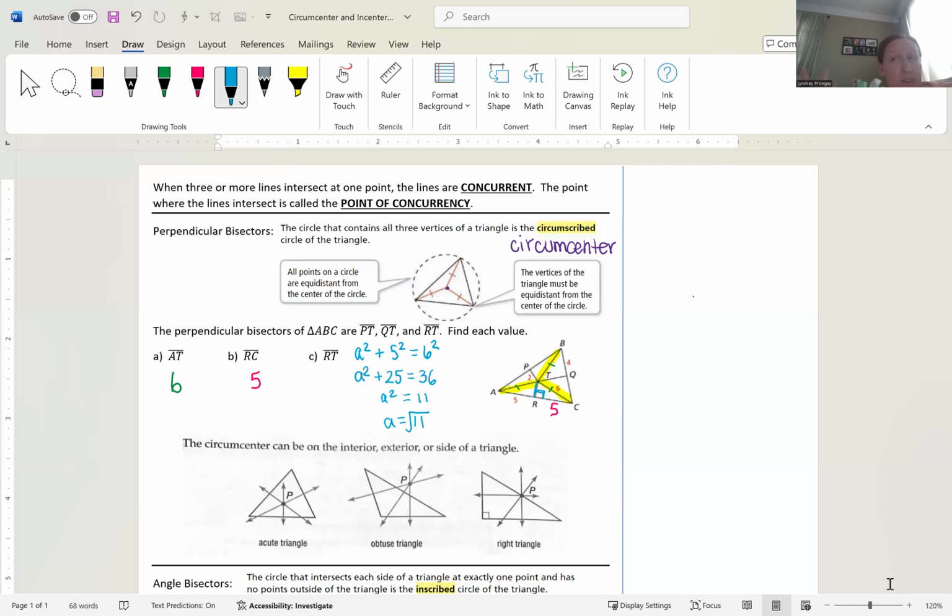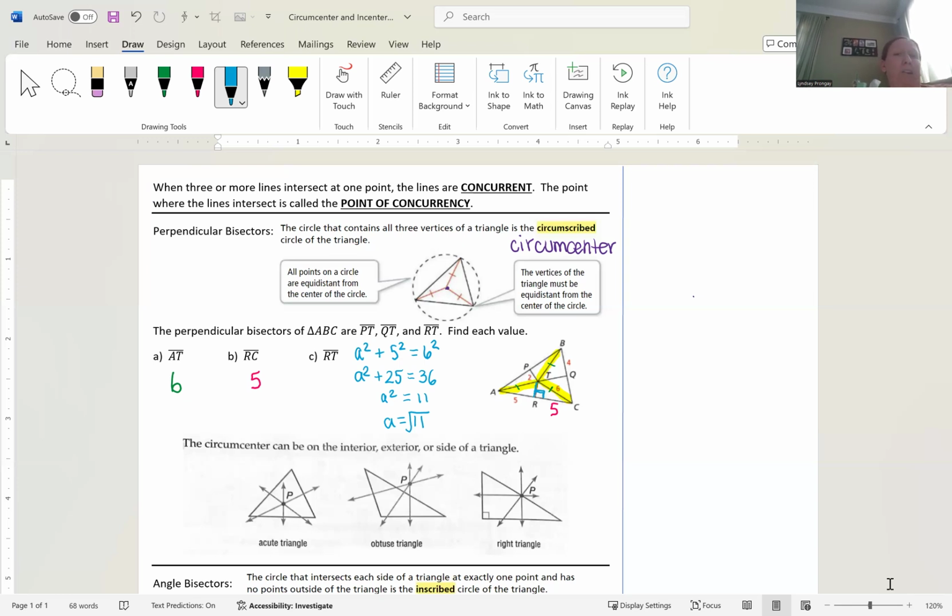Okay, so a couple things going on here. In part letter B, we had the fact that these were perpendicular bisectors. So if you looked at the big sides of this triangle, they had to be broken up into equal pieces. We had the fact that the circumcenter creates these pieces going from the circumcenter to the angles of the triangle that are all congruent to each other. That's the feature of the circumcenter.